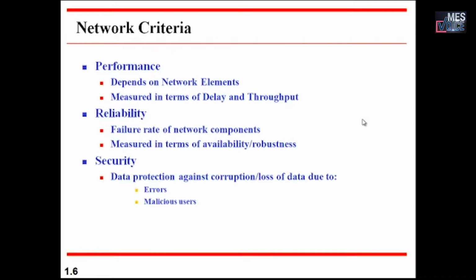So, reliability is measured in terms of availability and robustness. And we all are familiar with security. The data must be protected against any corruption or any sort of intervention from malicious users. So the data must be protected against errors and intruders. So that covers the aspect security.